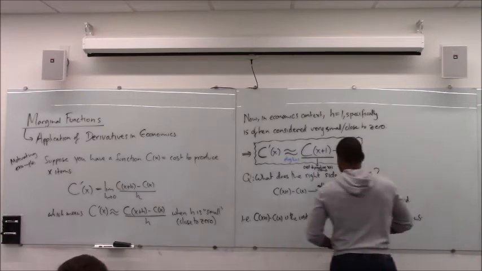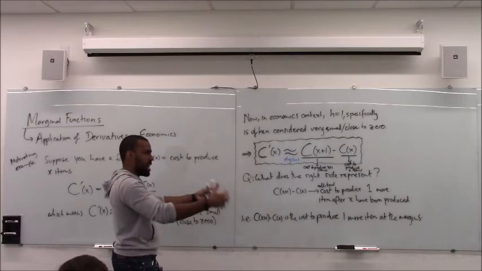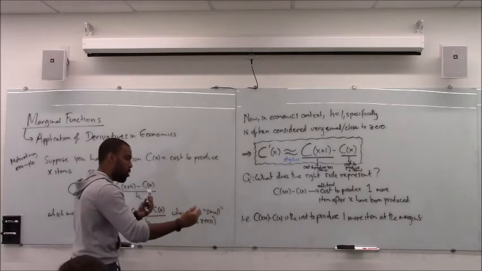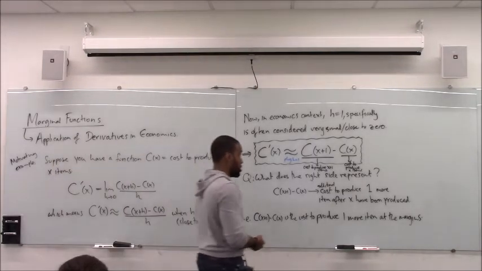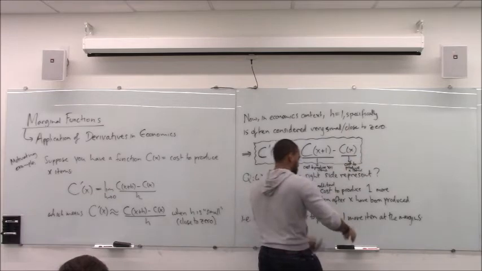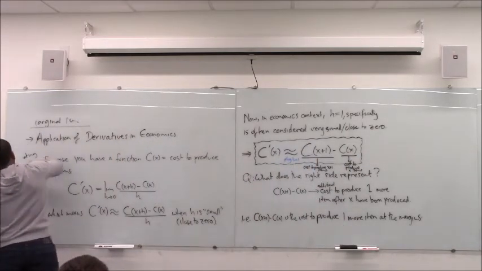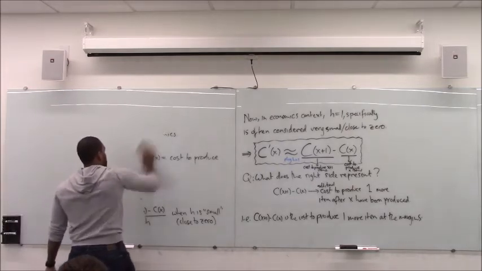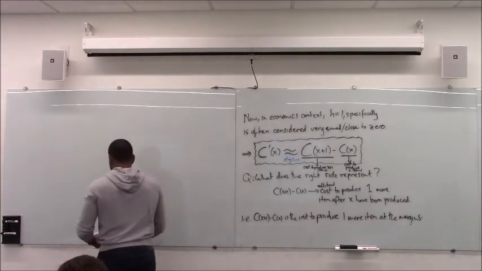So we're at the current level of production, right? We're here now where we're producing x items. If we're to push the margin a little further, if we're to go one more, what's gonna happen to our costs, right? If you want to answer that question, you're gonna find this difference. That's how you would figure out what happens to the cost if we push the margins a little further. Go a little bit farther than where we are right now. Just expand our margins a little bit, what's gonna happen, right?